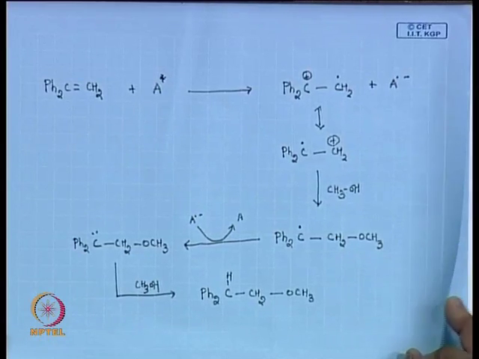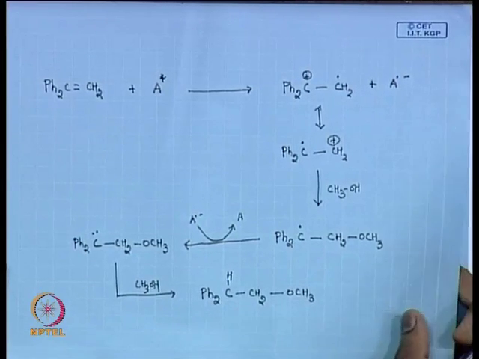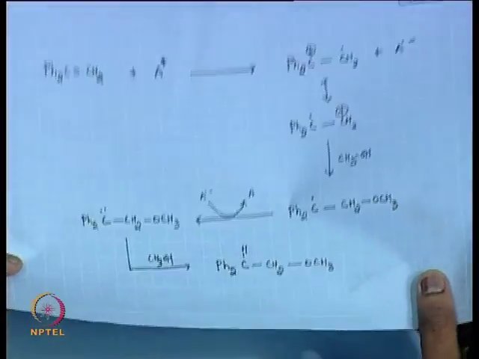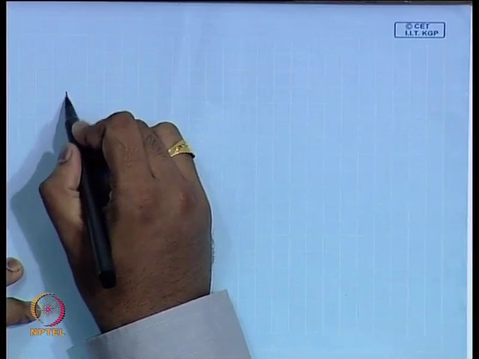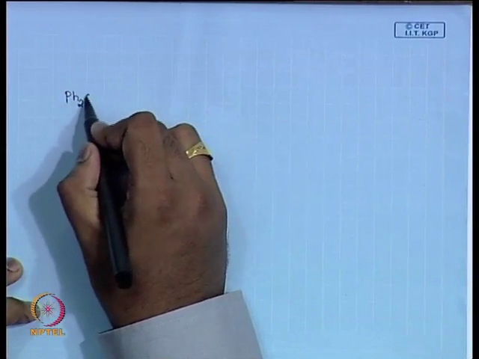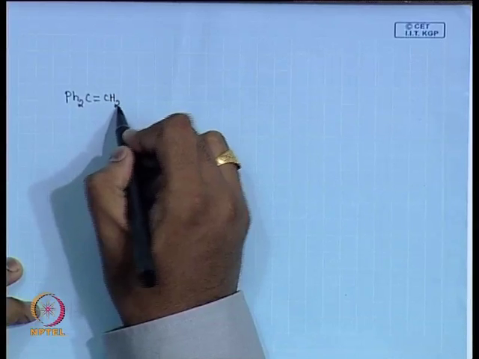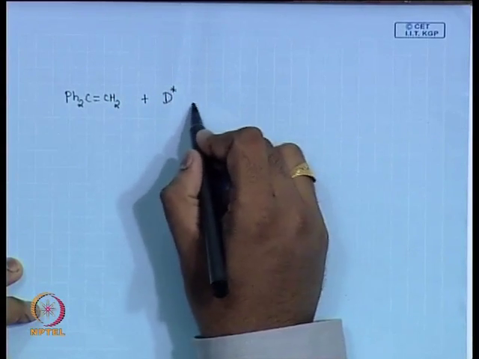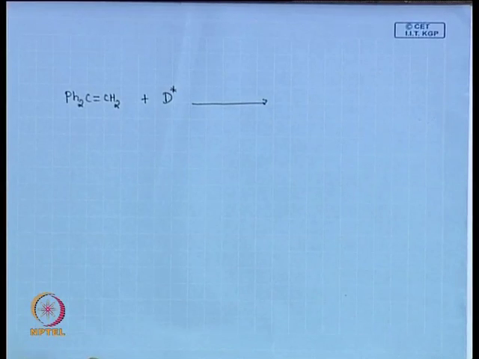Fine. Now we will see how the donor does it the other way around. What happens in the case of the donor now? So I am exciting my donor. What can the donor do?